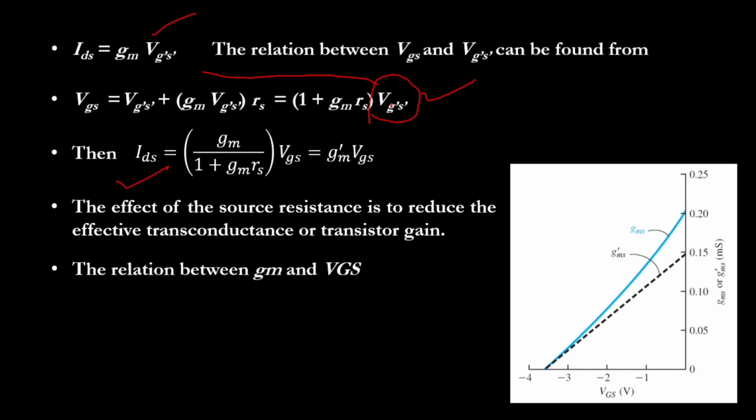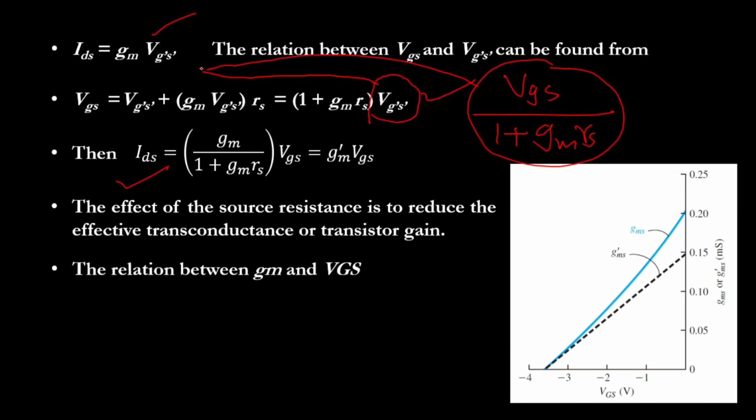Okay. So I am going to substitute for this term from this expression. What is Vg'S'? That is nothing but VGS divided by (1 + gm Rs). So I am going to substitute this term here and I will get this. IDS is equal to VGS times gm, divided by (1 + gm Rs).